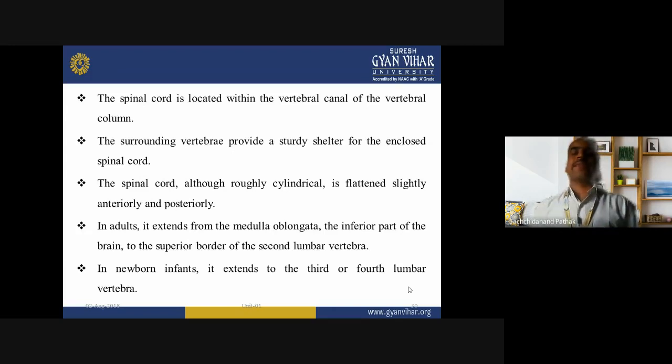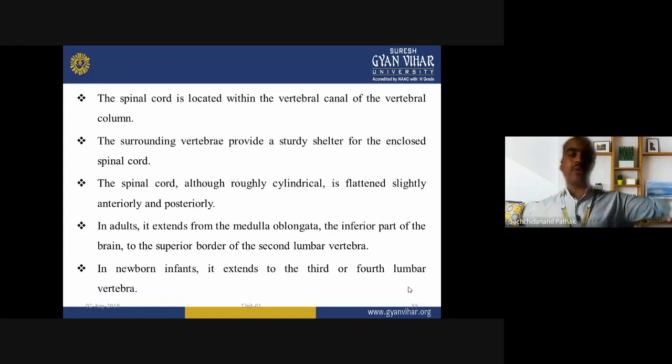So the spinal cord is located within the vertebral canal, and the surrounding vertebrae protect the spinal cord, providing a shelter. यद्यपि spinal cord is roughly cylindrical, it is flattened slightly anteriorly and posteriorly.